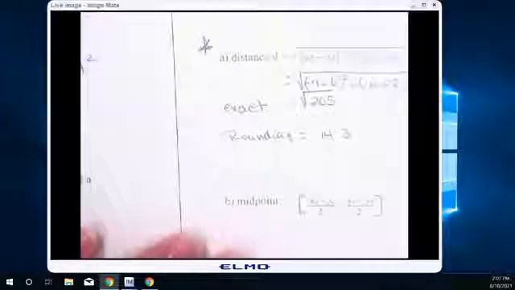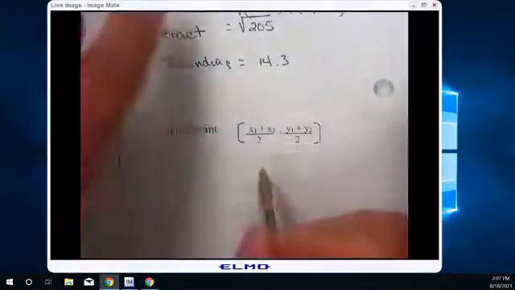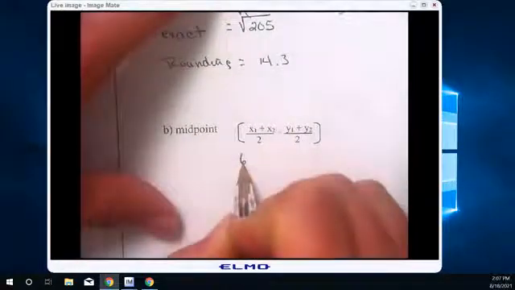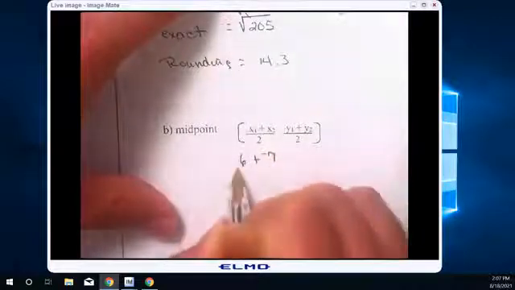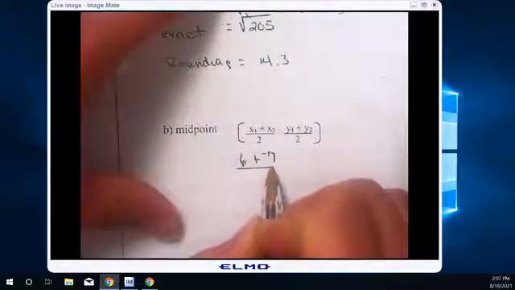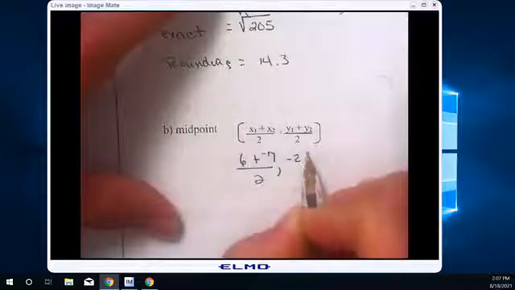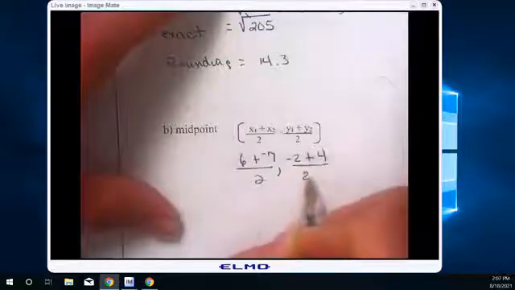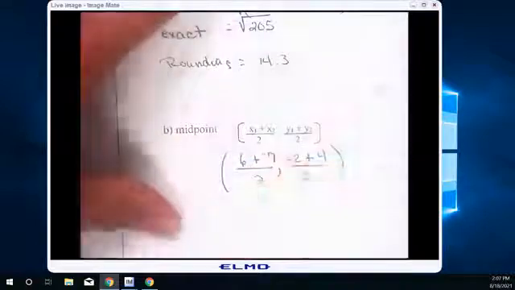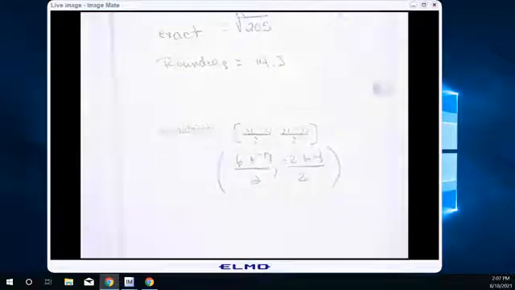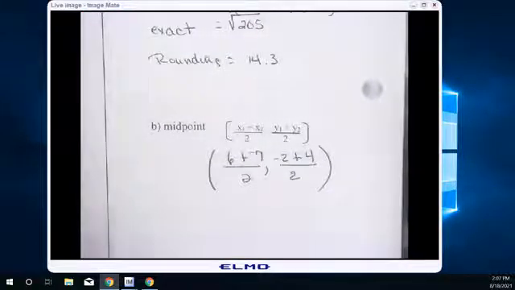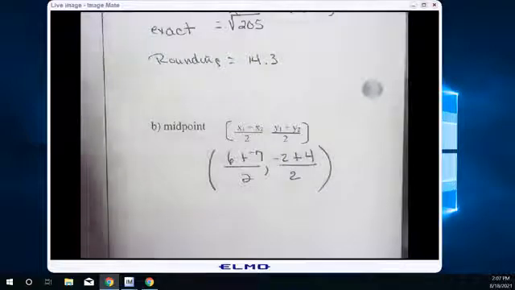All right, so now midpoint. X sub 1, I'm going to use my same x value plus my same x2 divided by 2, negative 2 plus a 4 divided by 2. And this is a midpoint, which means it needs to be written as an ordered pair. 6 plus a negative 7 divided by 2.